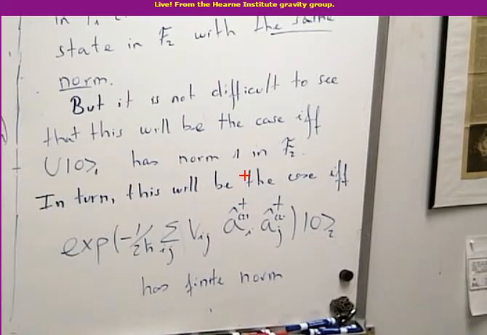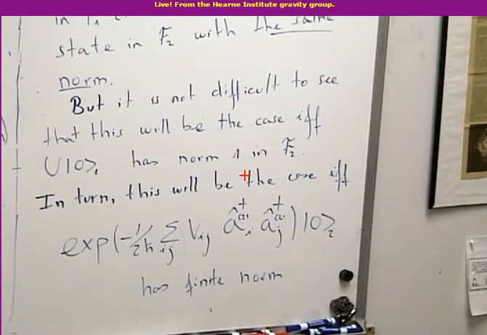So this is 2 particles, 4, 6, etc. Therefore, this state is orthogonal to this one, so the norm of this state will be the norm of this plus the norm of this plus, so all the norms. So it is not difficult to realize, this guy has norm 1. If this guy, alpha, has finite norm, we are sure the whole state will have finite norm.